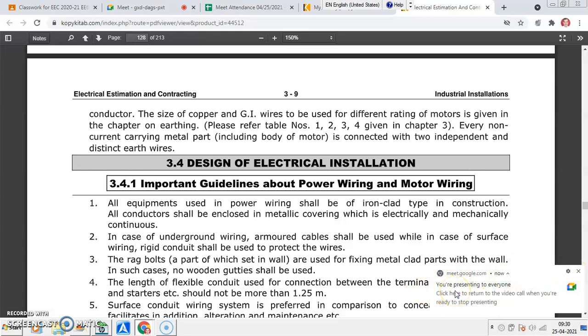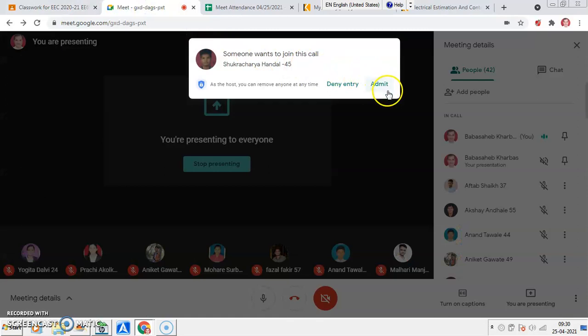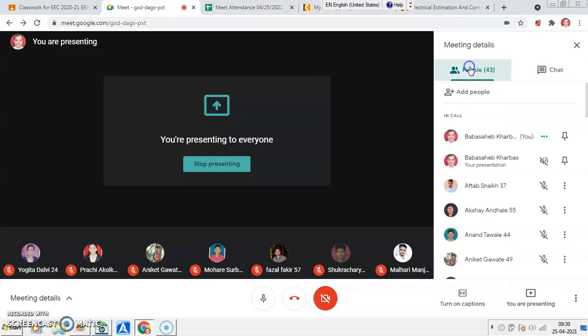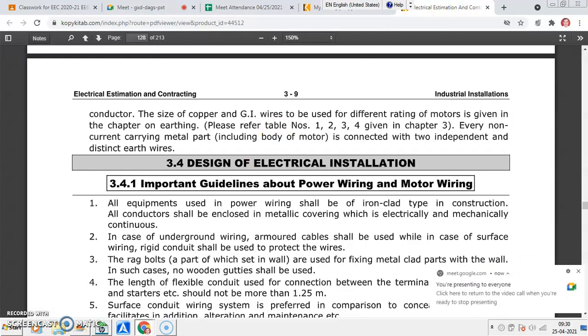So what are the important guidelines or important points to be considered? Especially we know the light and fan circuits in buildings of industries are quite similar to residential installations. But power circuits or motor wiring is different in industrial installation.